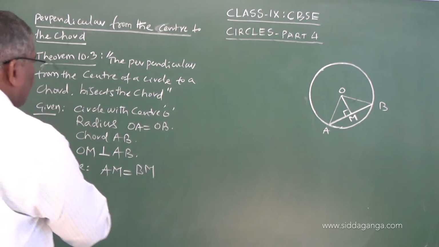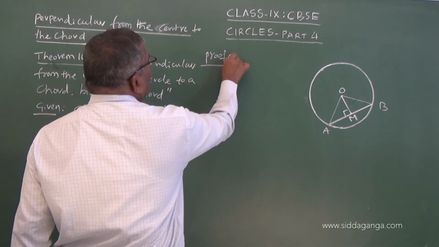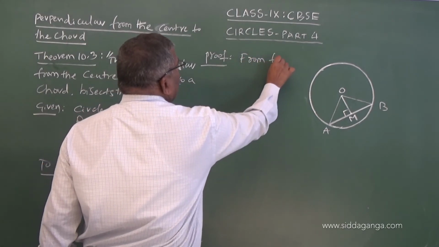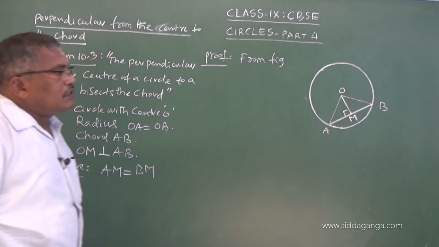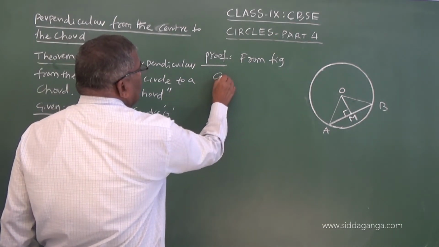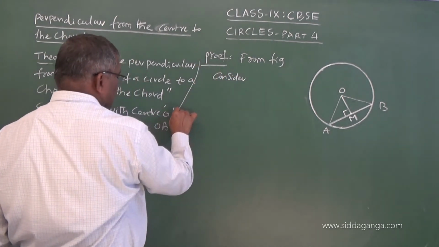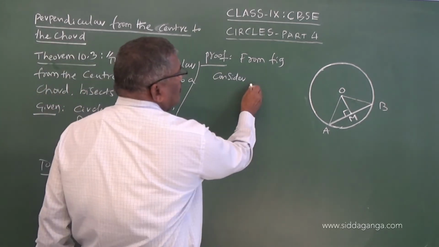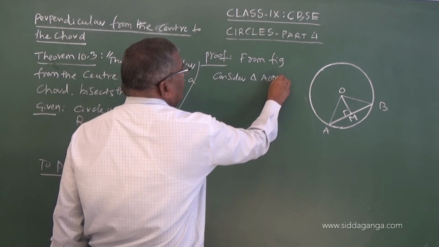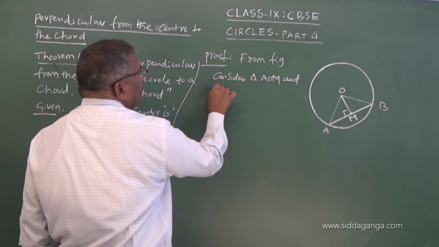Now from the figure, proof. Observe the figure. We have two triangles. Consider triangle AOM and BOM.